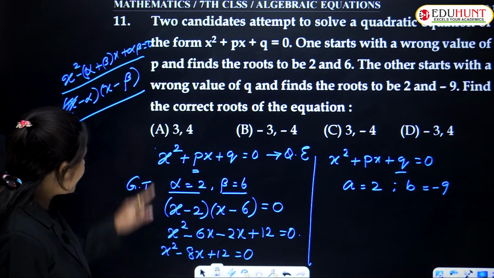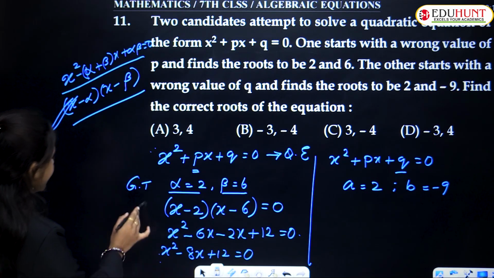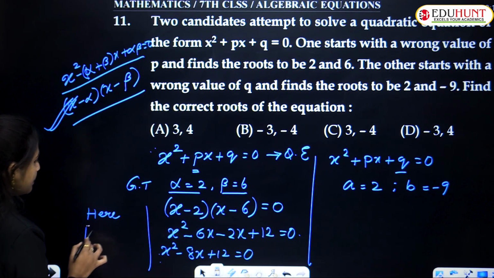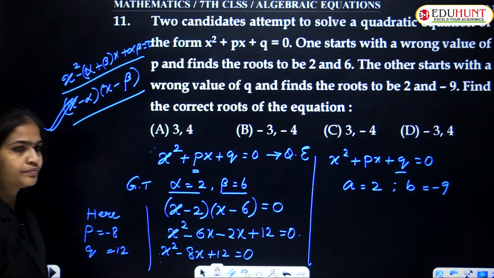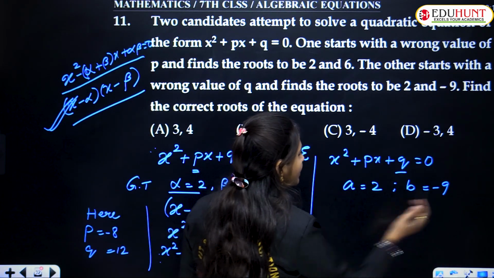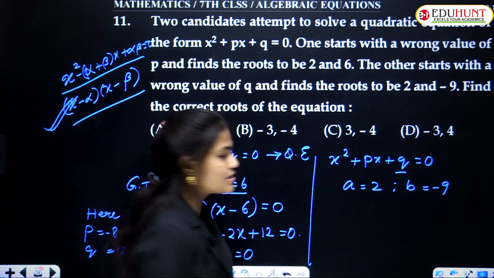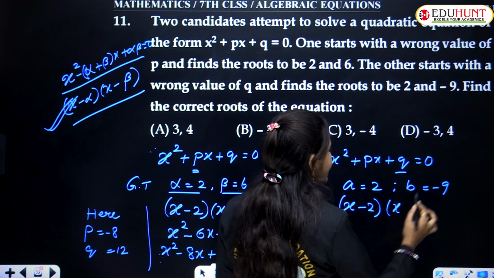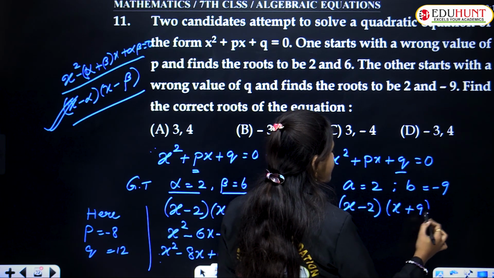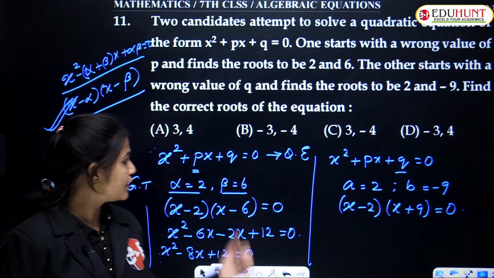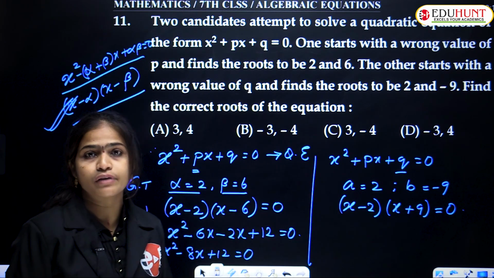By comparing these two equations, here p is equal to minus 8 and q is equal to 12. Understand? And come to this one. Here he got these two values, no? Again the same process. So x minus 2 into x minus of minus, so that is plus 9, which is equal to 0. x minus of alpha, so minus of minus is equal to plus.